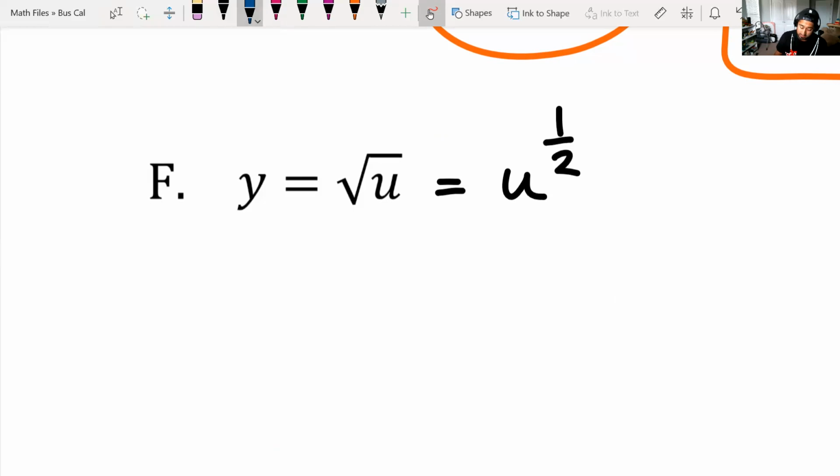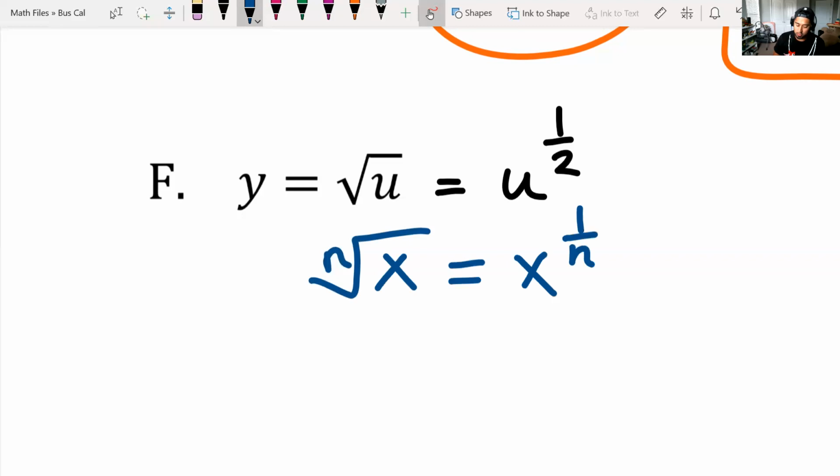And for that property, we use that the nth root of x is the same as x to the 1 over n. So that's the property we are using here.